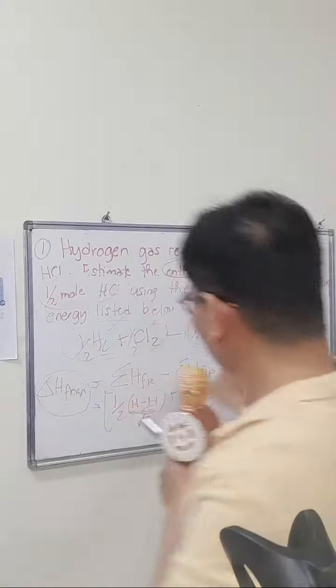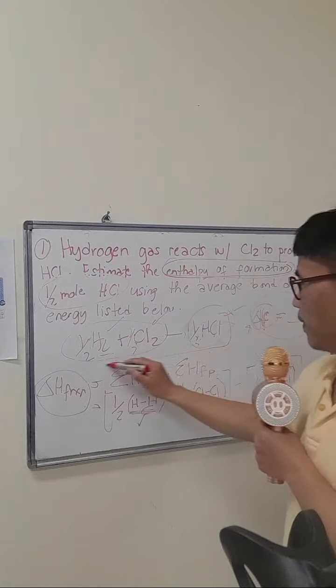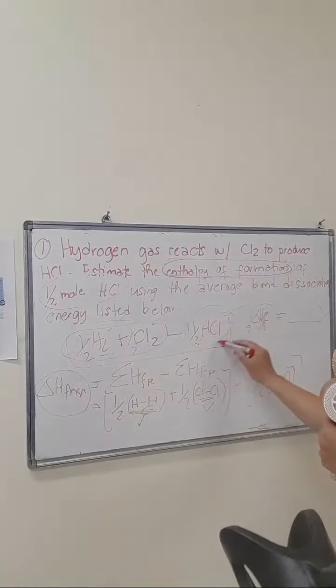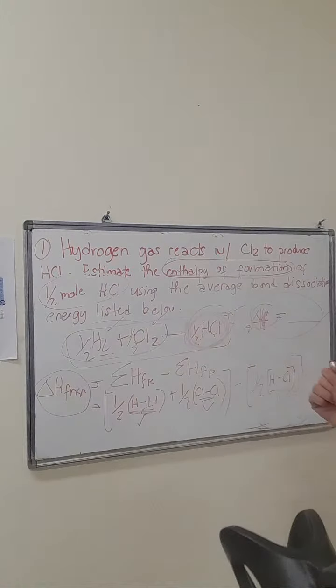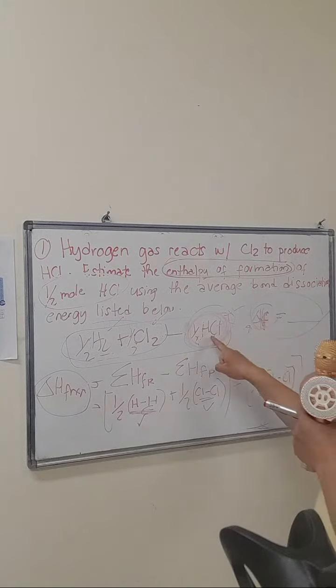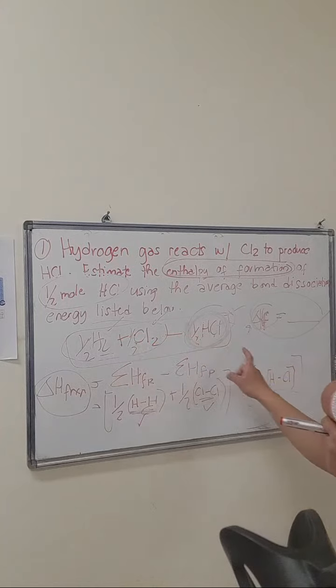So this is the reaction. 1/2 mole of HCl. Then if you try to balance this one, for example, you put this 2. This is logical because if you put this 2, this one will be 1.